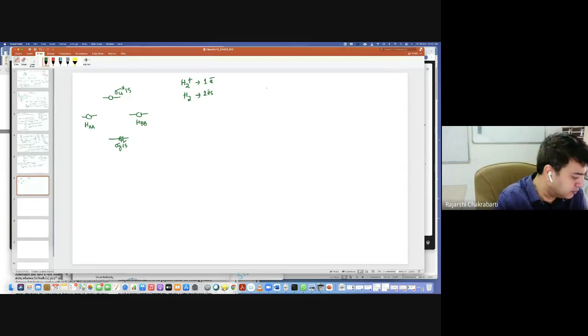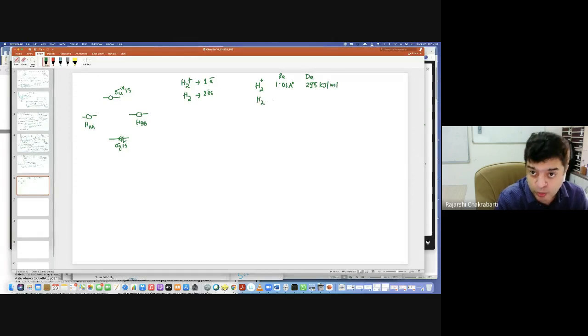Now H2 plus, if you go back and check your notes, it has a bond length of 1.06 angstrom, and dissociation energy was 255 kilojoule per mole.